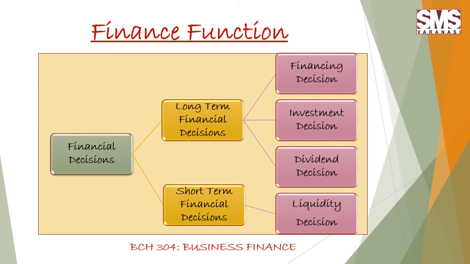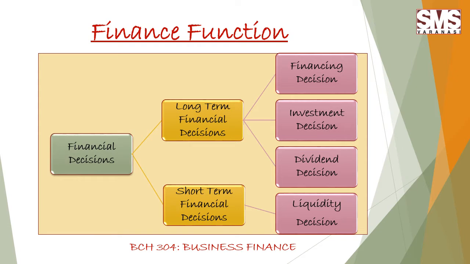So financial decision is broadly classified into long-term financial decision and short-term financial decision. Long-term financial decision includes your financing decision, investment decision, and dividend decision, whereas short-term financial decision includes your liquidity decision or working capital decision.